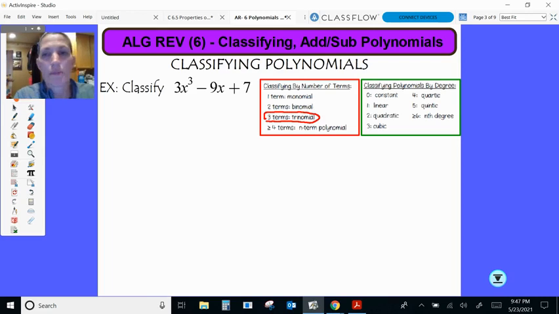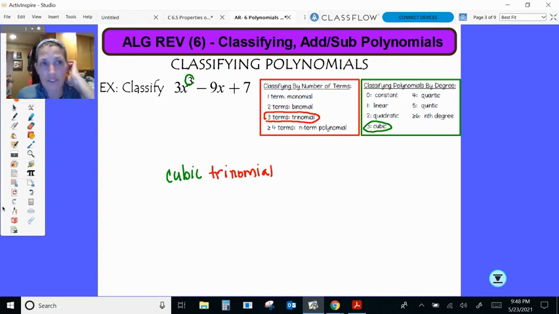Okay, and then what about the highest degree? It's a 3rd degree right here, right? So it's going to be a cubic. So what we write is that it's a cubic trinomial. Okay, cubic trinomial. So it's kind of classified by both.